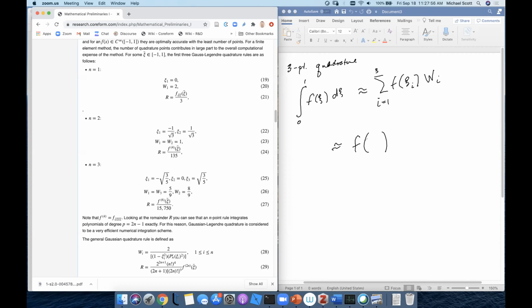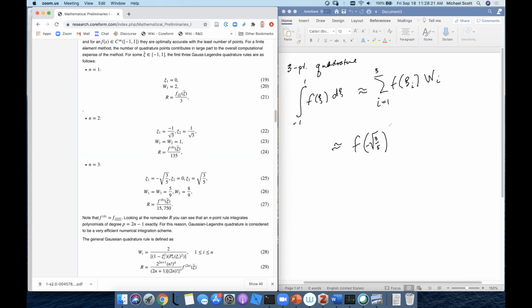Okay. You need to map the integral back to -1 to 1. Okay, let's just do this for now. Let's assume that it's -1 to 1, okay? This is kind of what we call standard form, -1 to 1.